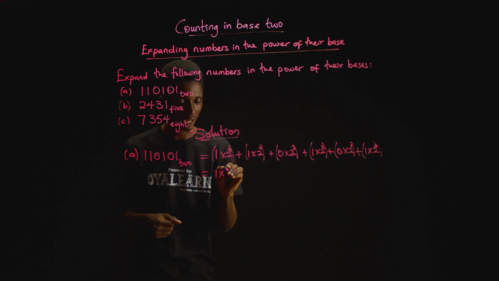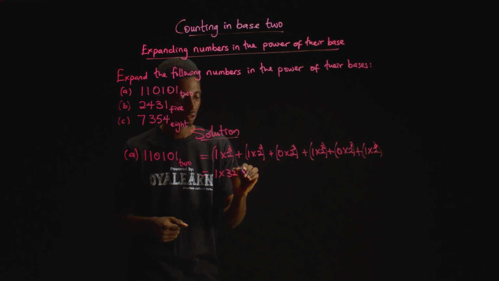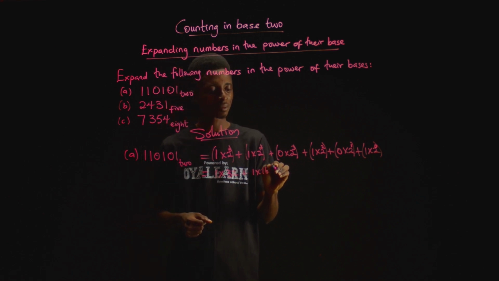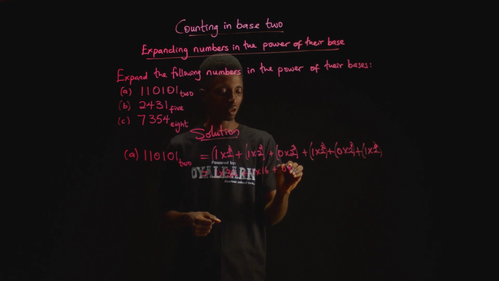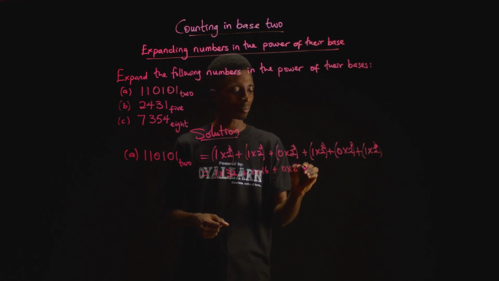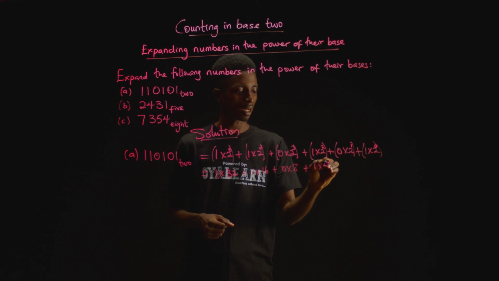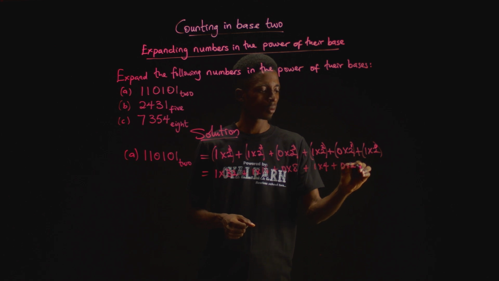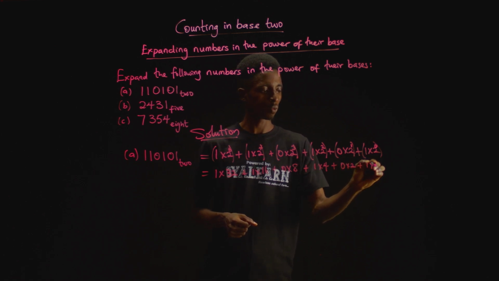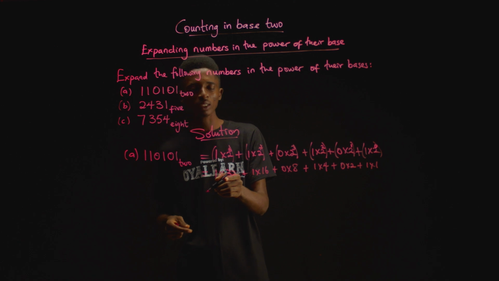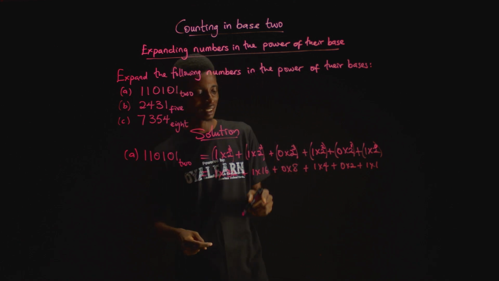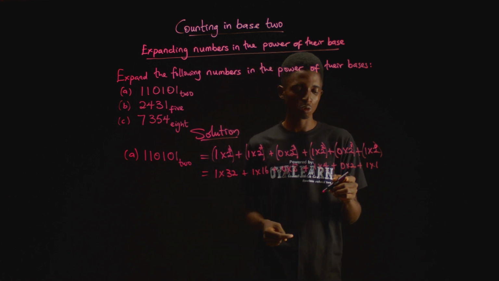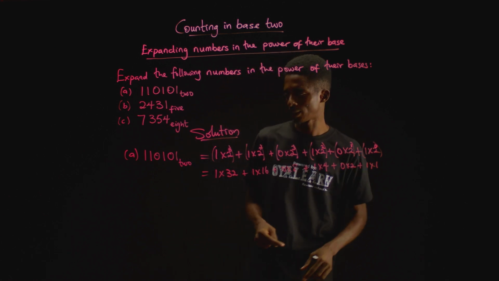So this is 1 multiplied by 32 plus 1 multiplied by 16 plus 0 multiplied by 8 plus 1 multiplied by 4 plus 0 multiplied by 2 plus 1 multiplied by 1. That is, we have 1 32, 1 16, 0 8s, 1 4, 0 2s, and 1 unit.